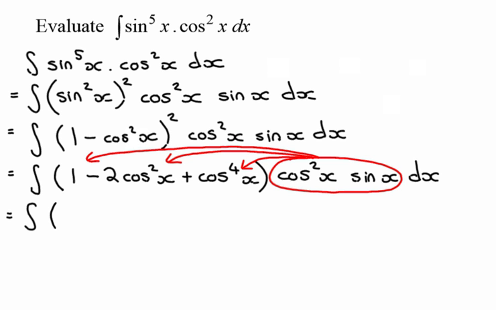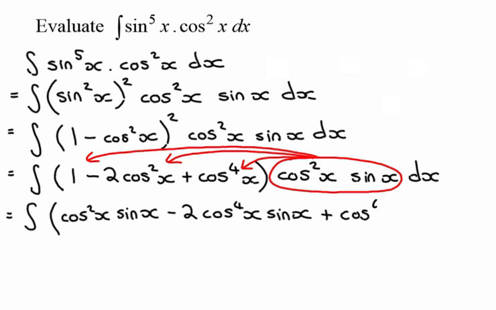If I multiply it into all three terms, I'm going to have cos squared x sine x, because I multiplied by 1, then minus 2, cos squared x times cos squared x is cos to the power of 4x, times my sine x, plus cos to the power of 4x times cos squared x is cos to the power of 6x, times sine x with respect to x.